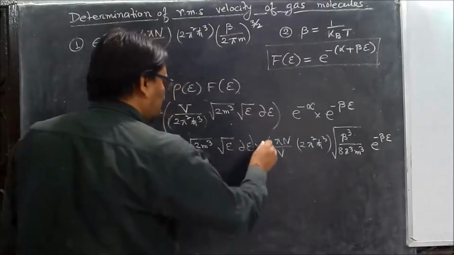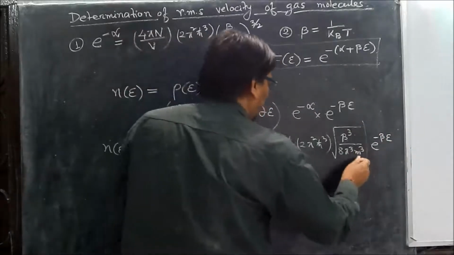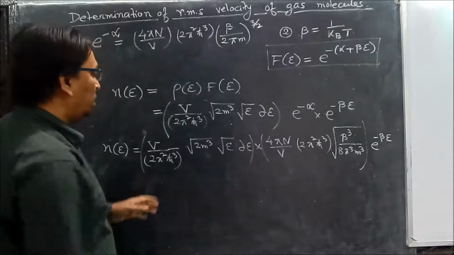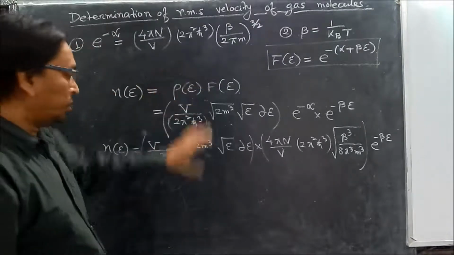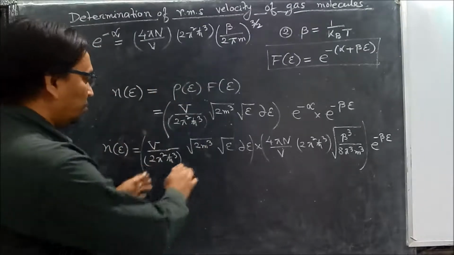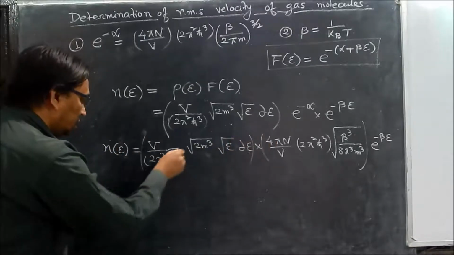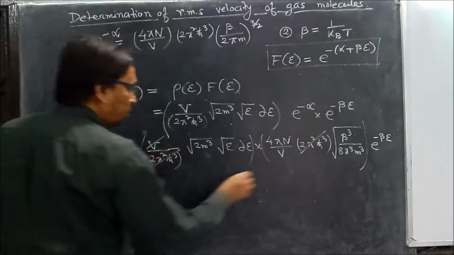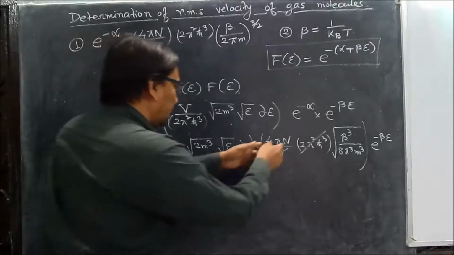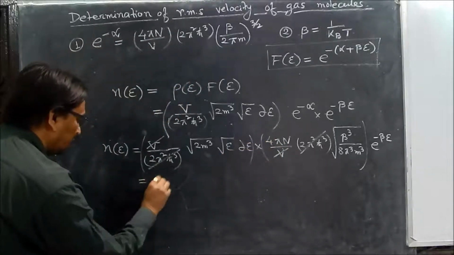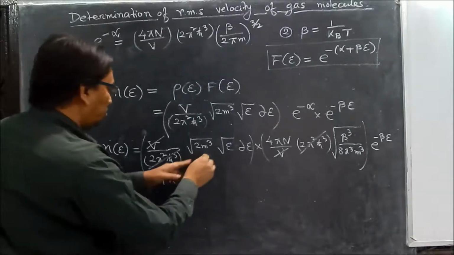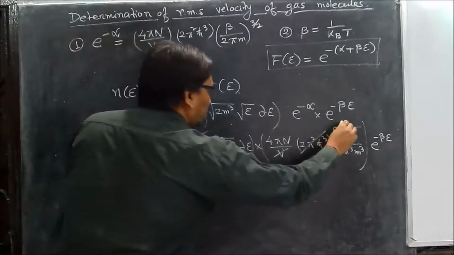So now let us see. This is the value of e to the power minus alpha, and this is the value of the energy space in a certain volume. If we see these two, this thing and this thing are cancelled, and this volume is cancelled. So what we are getting is 4 pi n, and under root we are getting this one and also this one.